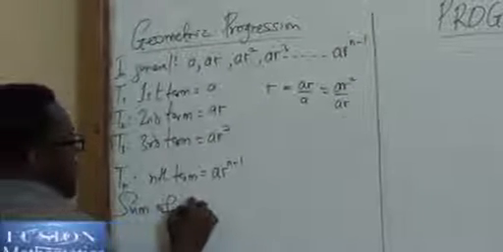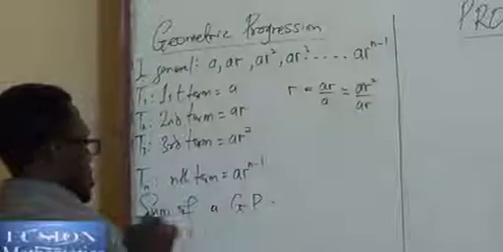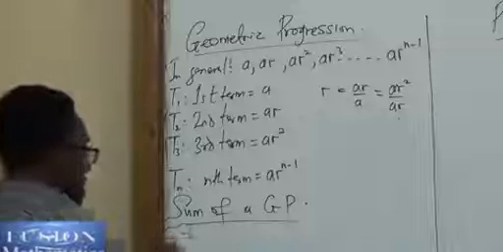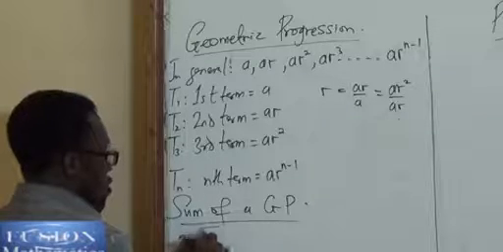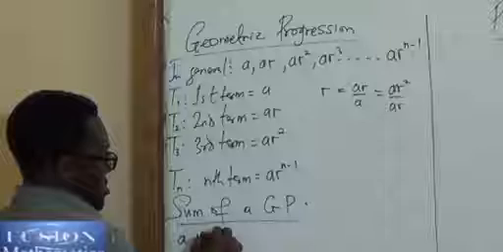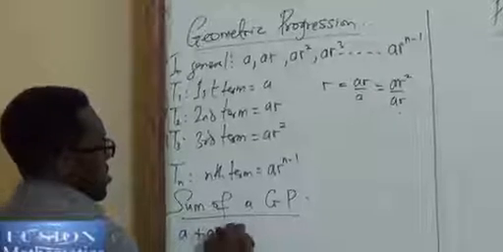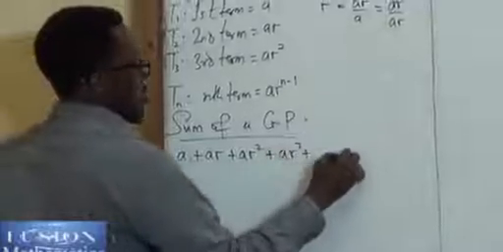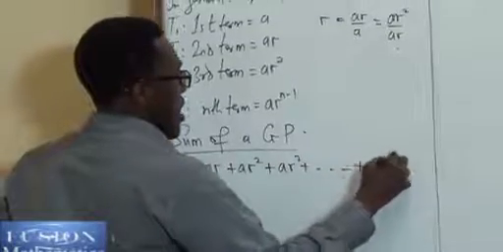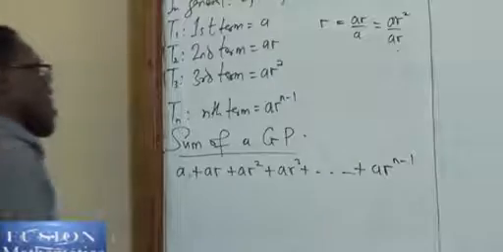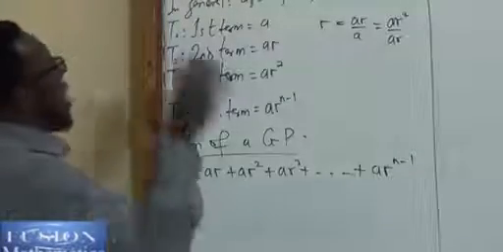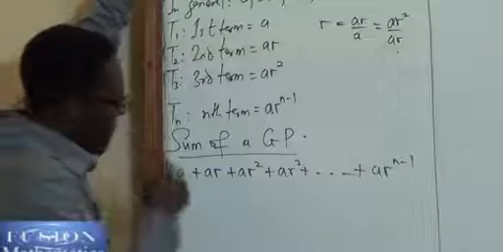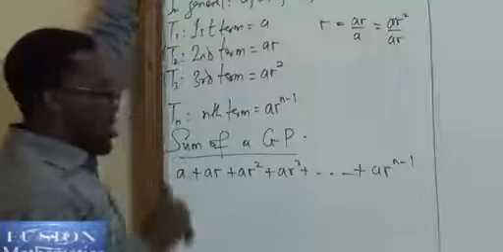Now let's look at the geometric series, that is the sum of a GP. That is, we are adding all the terms a plus ar plus ar squared plus ar cubed plus all the way to ar to the n minus 1. Now, for us to add a geometric progression, we look at two conditions.